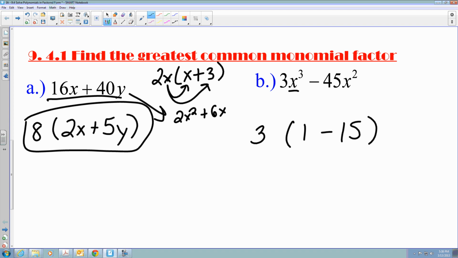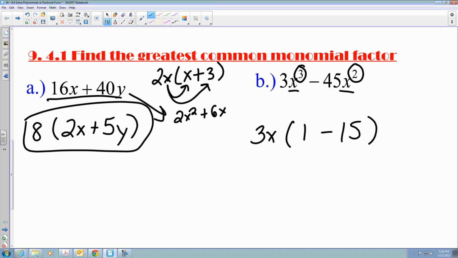Now let's look at the x's. I have x cubed and I have x squared. Now that I have a binomial that has the same lettered variable in both terms, what I can do is pull out that variable and take out whatever the least degree is. So here I have a 3 and I have a 2.